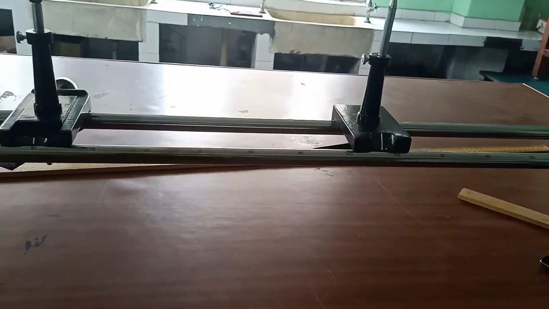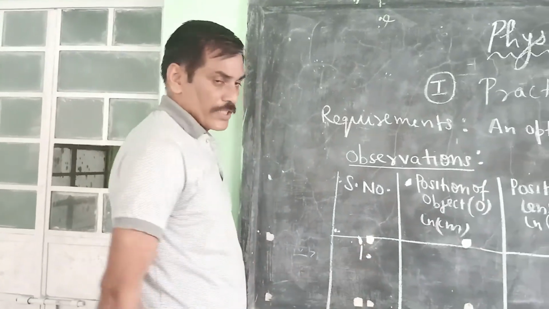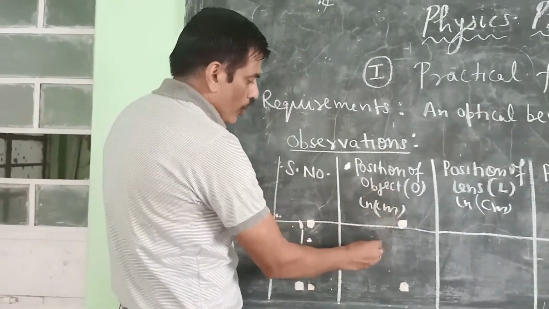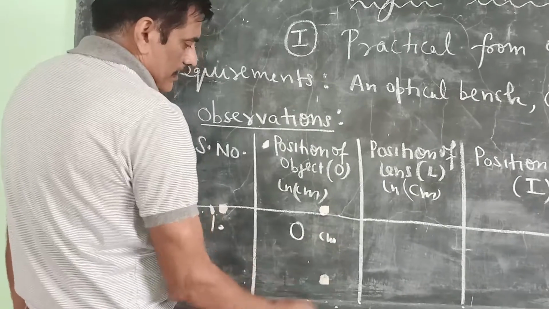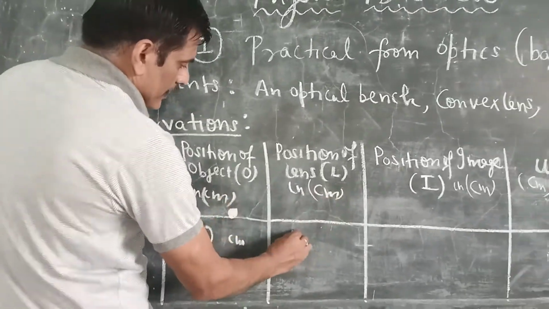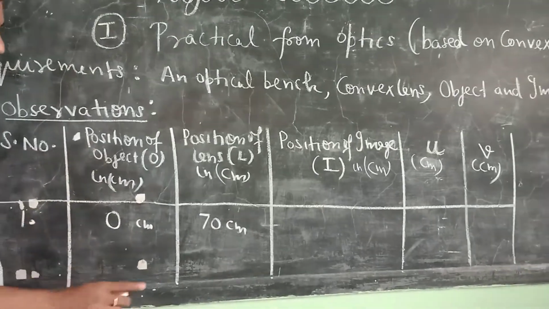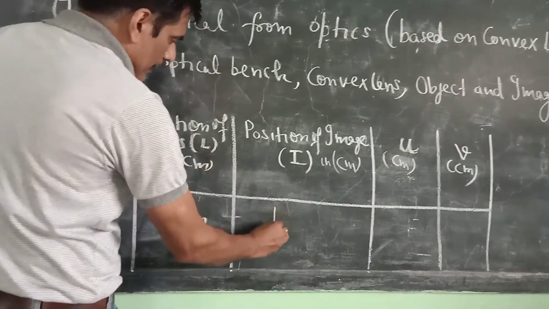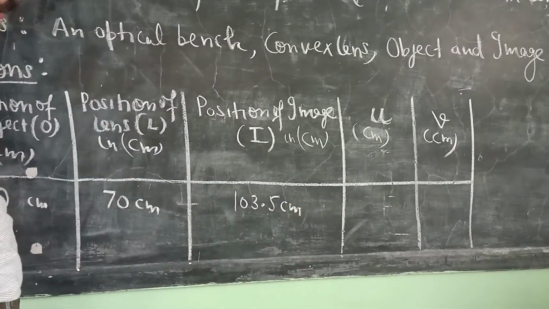Now I will explain how to fill these readings in your observation table. Just now we completed the first reading, serial number 1. Position of object was 0, since it was asked in centimeter. Position of lens was at 70 centimeters, which was asked in the question itself. Position of image, 103.5 centimeters, we noted down just now from our experiment.